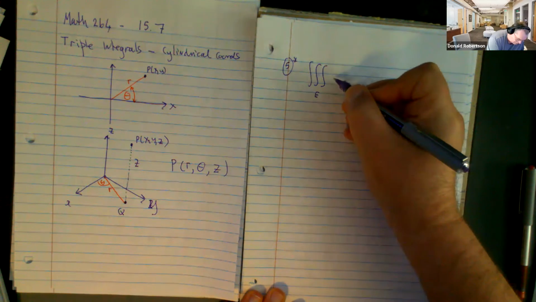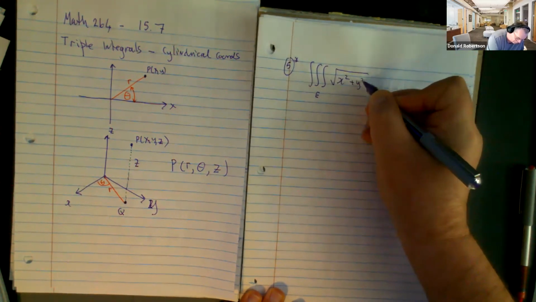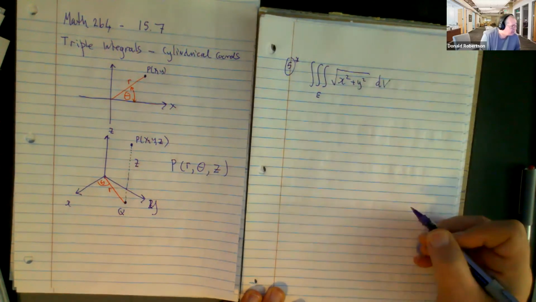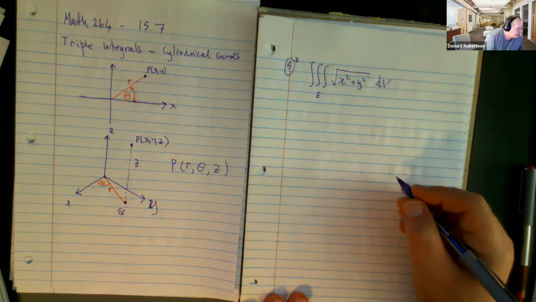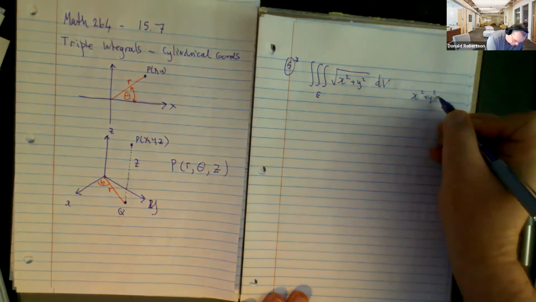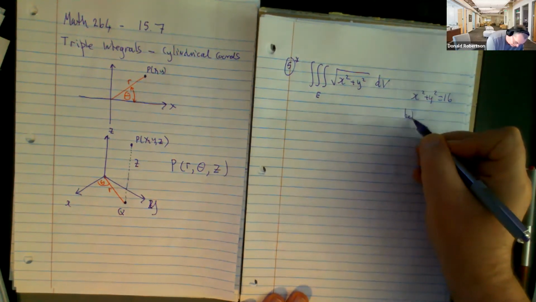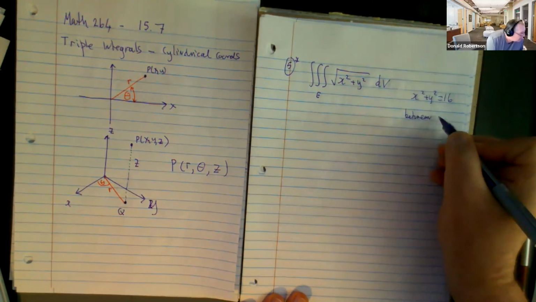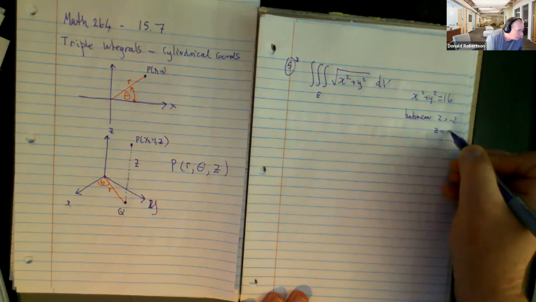And the guy we're going to do it to is x squared plus y squared. And E, which is this region, lies inside the cylinder, that guy, and between z equals -2 and z equals 1.